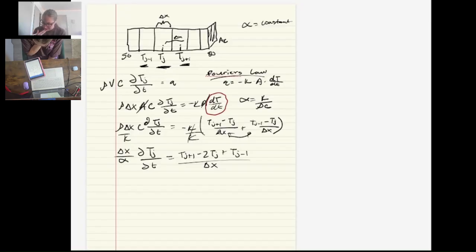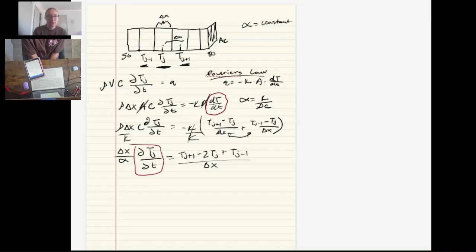Next thing we want to do is look at this part now. We want an algebraic expression of this. What we were saying is that we want this to be a temperature gradient. We want to know how the temperature propagates through the bar, and also how it propagates over time.